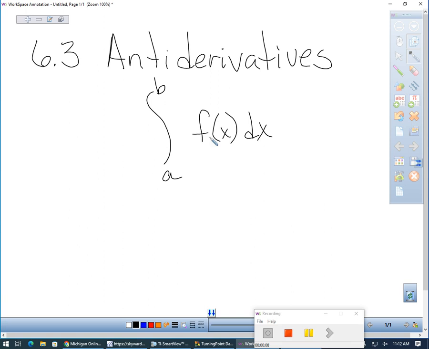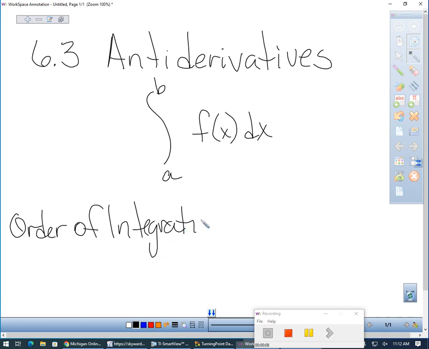So, rule number 1. Rule number 1 is order of integration. When I say order of integration, we always like to have our smaller, our lower bound at the bottom.